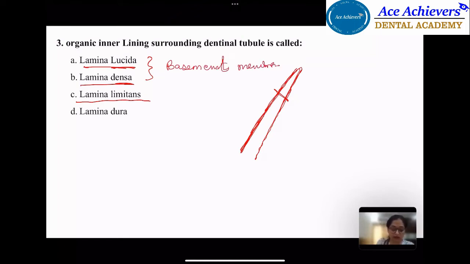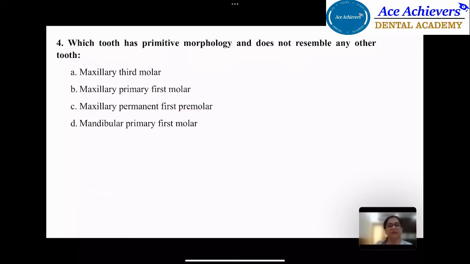And when we talk about lamina dura, as you all know, it is a thin layer of dense cortical bone which lines the root of the teeth. This you see in the radiograph, where it appears as a radiopaque line surrounding the tooth socket. I hope this is clear to you all. So here the correct answer will be lamina limitans. Okay, moving to the next question.